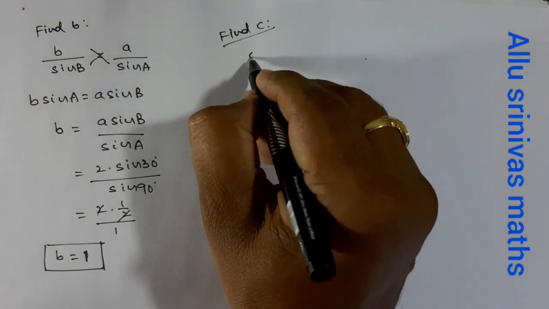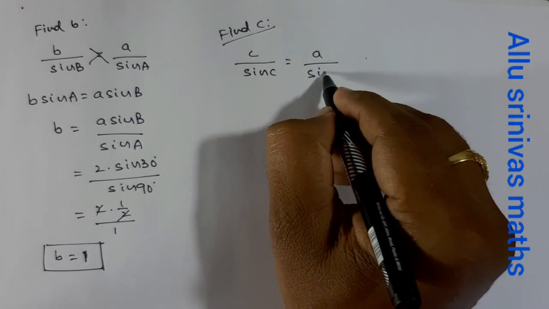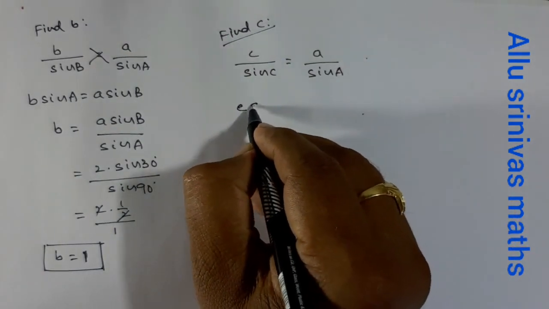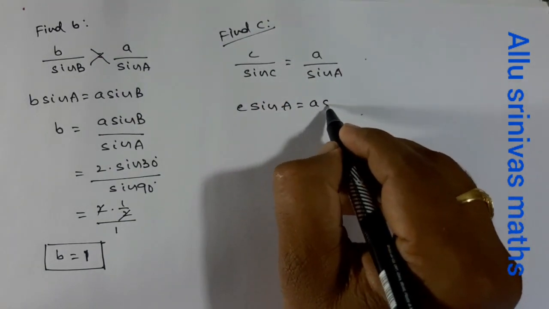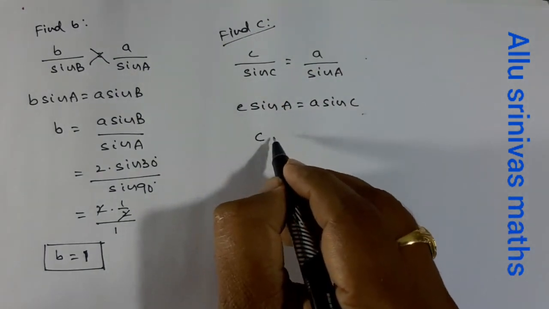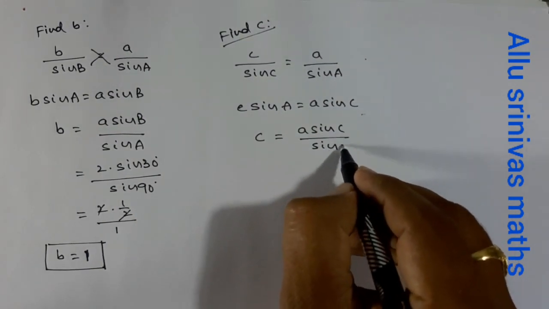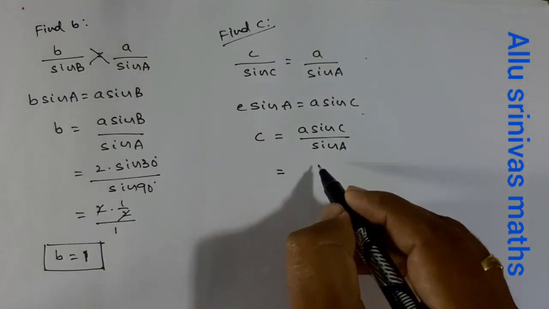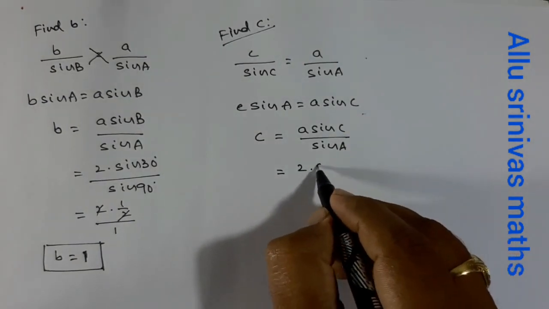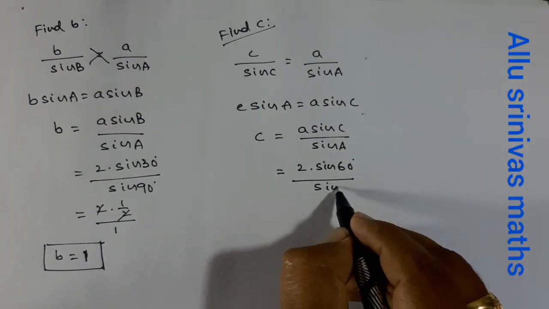Required side C by sin C equal to given side A by sin A. We apply the cross multiplication: C sin A equal to A sin C. We want C equal to A sin C by sin A. Known values substitute in this formula where A is 2 and angle C is 60 degrees and angle A is 90 degrees.